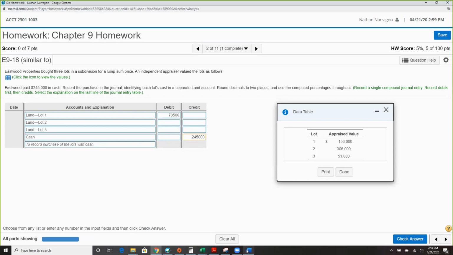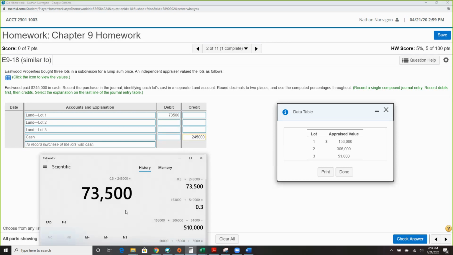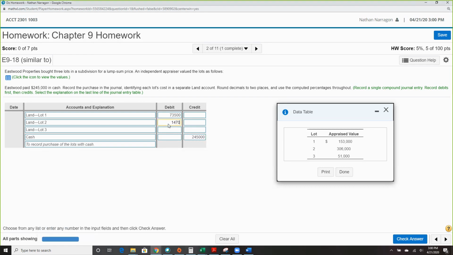Alright, same thing now with lot 2. Now that I know the total, I can take the cost of lot 2, divide it by the total of the lots. That's a whopping 60%, times it by our cash. So lot 2 allocated out, I basically only paid $147,000. We got a sweet deal there.